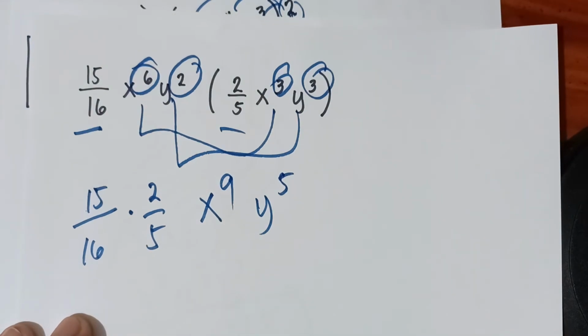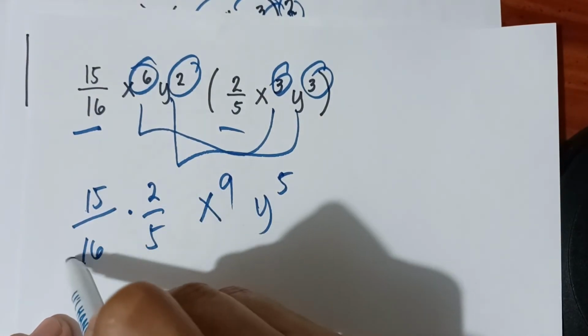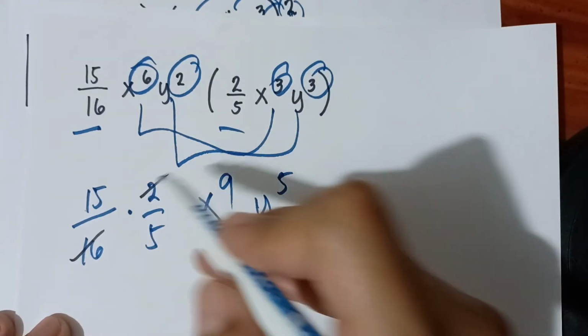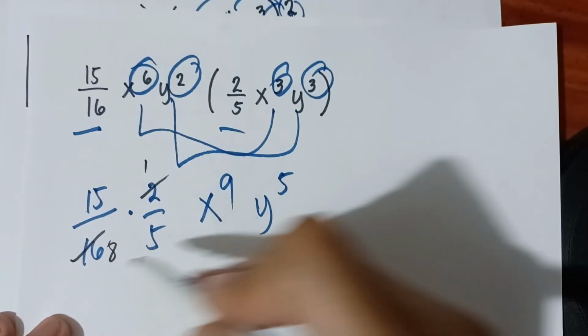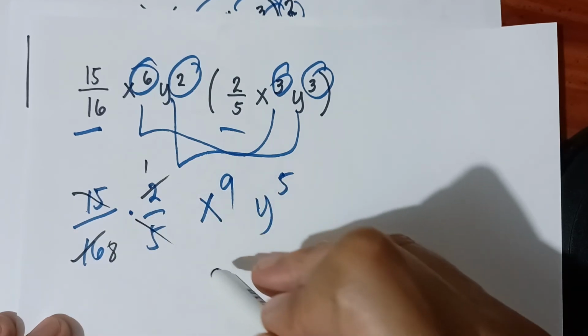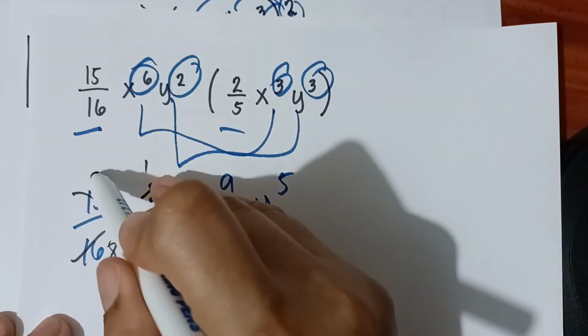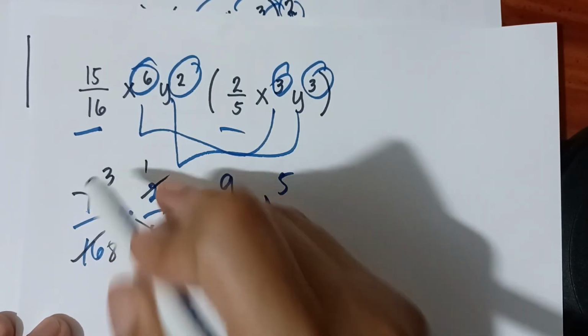And then dito, ano gagawin natin sa fraction natin? Numerator times numerator, denominator times denominator. Pero before doing that, we can do cancellation. Cancel 16 and 2 by 2. So this becomes 1 and this becomes 8. 15 and 5 by 5. So this becomes 1 and this becomes 3.